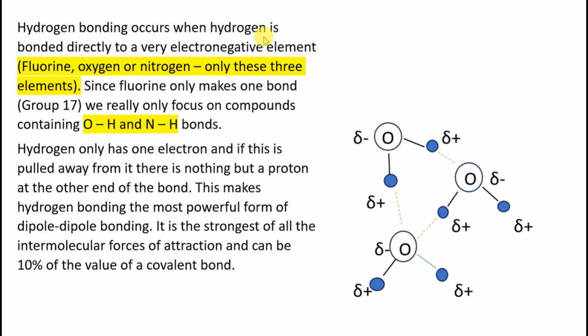Hydrogen bonding occurs when hydrogen is bonded directly to a very electronegative element. Those elements are fluorine, oxygen, or nitrogen. Only those three elements. Since fluorine only makes one bond, as fluorine is in group 17, we really only focus on compounds containing OH and NH bonds.